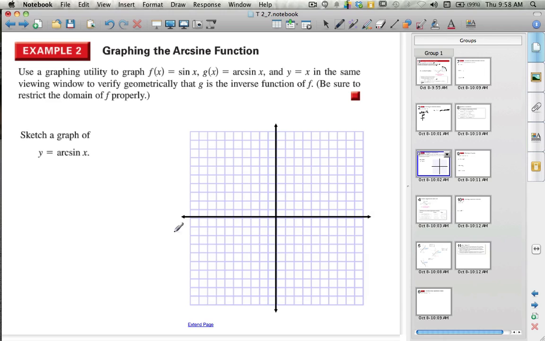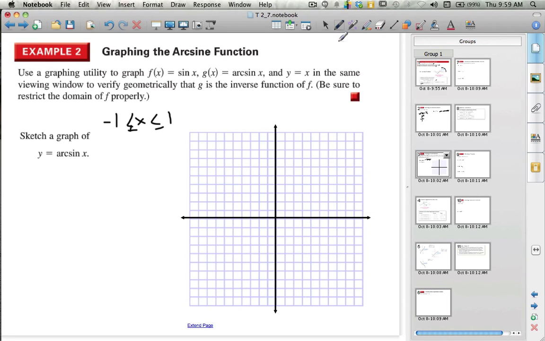So if we want to go ahead and graph this, remember our domain is going to be from -1 to 1. What I'd like to do is think about the nature of inverse functions first.